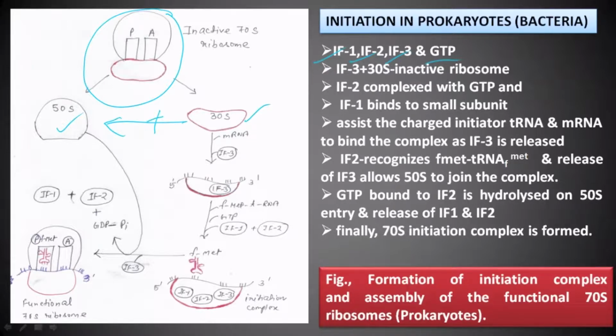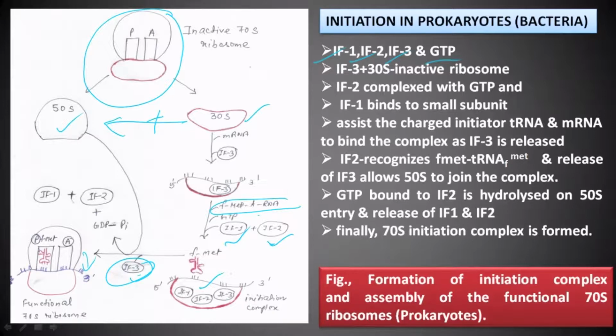Then IF1 binds to the small subunit, and it assists the charged initiator tRNA and mRNA to bind to this complex, and IF3 gets released. IF2 recognizes the fMet-tRNA, and then IF3 gets released, and the 50S comes and reassociates with the 30S subunit.